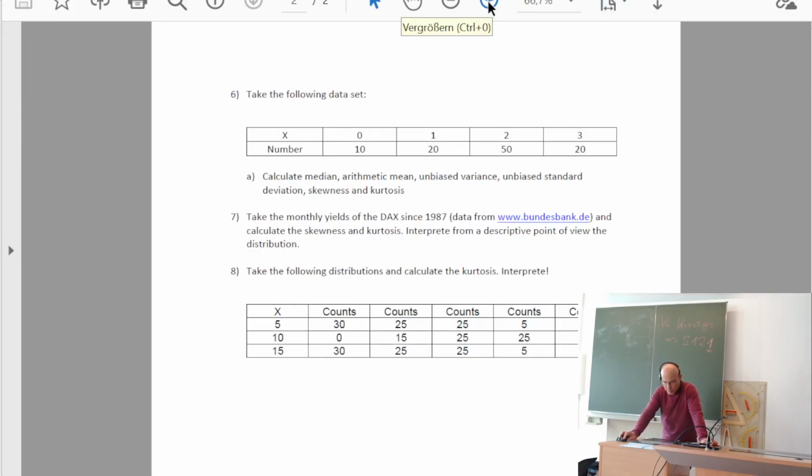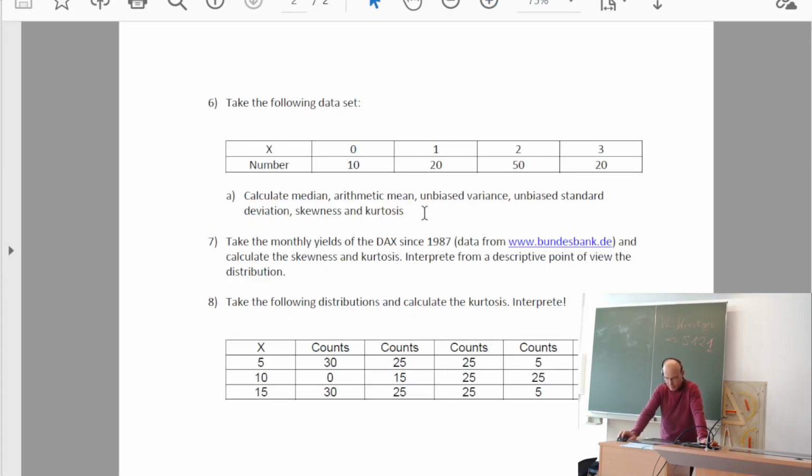One little example, I think it is not that hard to do: we have some values for x, 0, 1, 2, and 3, and the number of counts of the data is that we have 10 times chosen 0, 20 times 1, 50 times 2, and 20 times the number 3. What should we do? Calculate median, arithmetic mean, unbiased variance, unbiased standard deviation, skewness, and kurtosis.